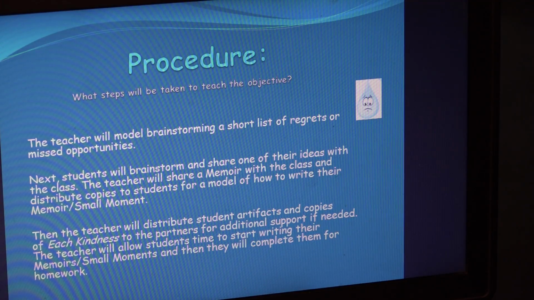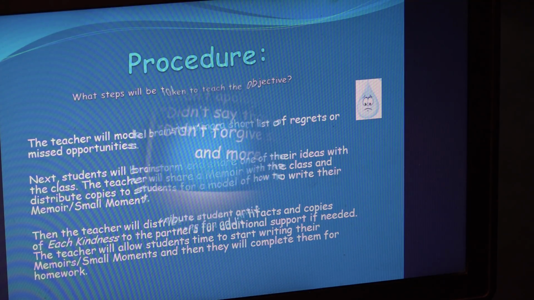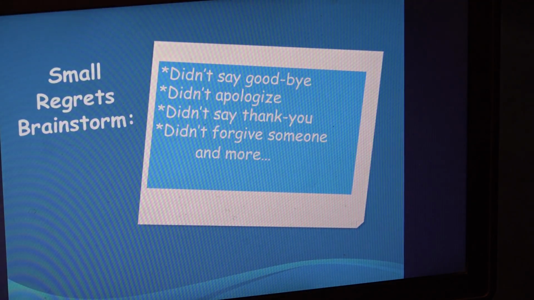So for our procedures, we're going to take a look at brainstorming, modeling, and also expectations. For the small regrets brainstorm, we had a discussion in class, and we each offered different suggestions of why we would have a regret.